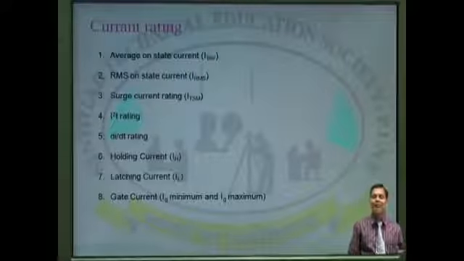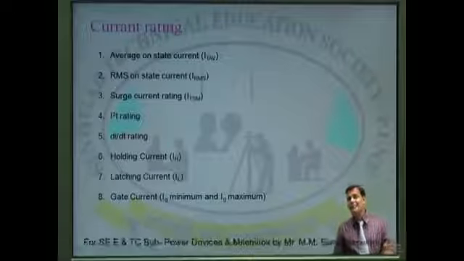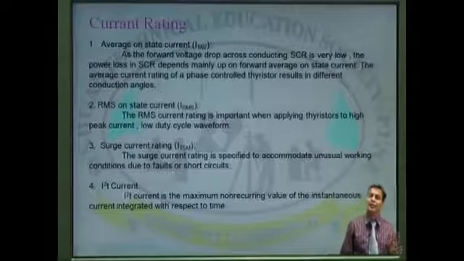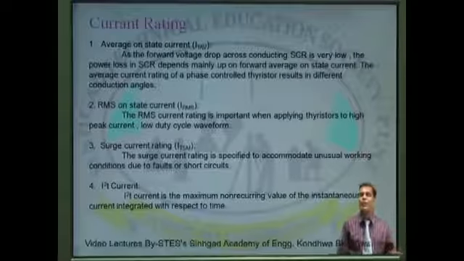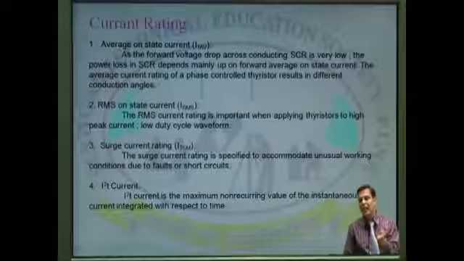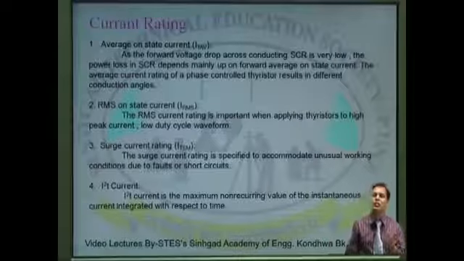So first one is the average on-state current. Average on-state current results into different firing angles. Means the average current which is permitted for a particular firing angle is not constant for all the firing angles. As alpha, the firing angle of an SCR, changes, the average current is also changing.